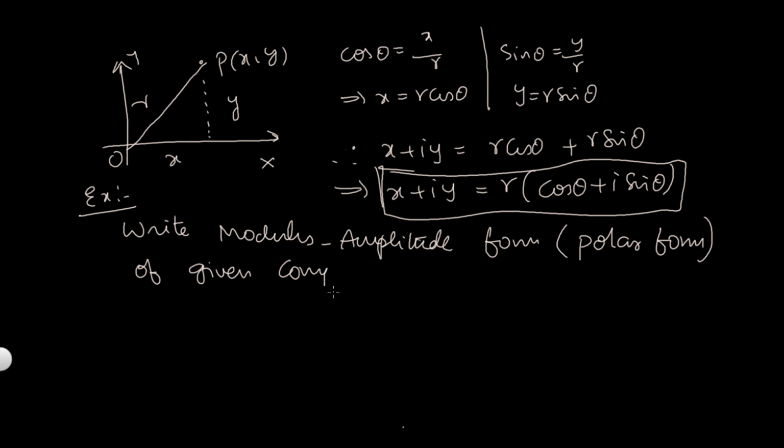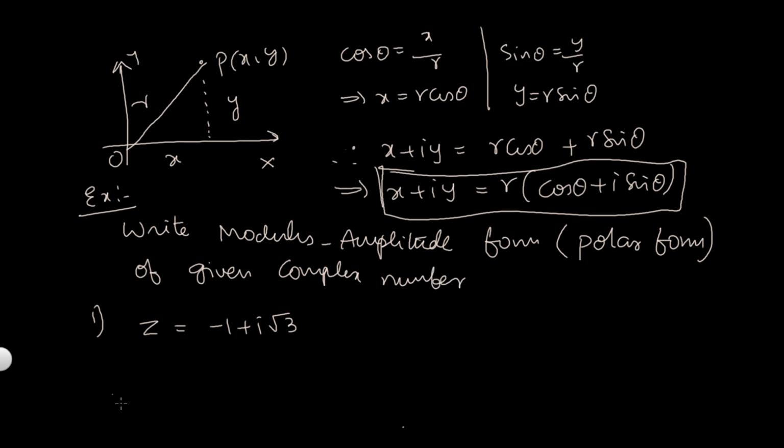The first question: if z equal to -1 plus i root 3, write the modulus and amplitude form or polar form of the complex number.